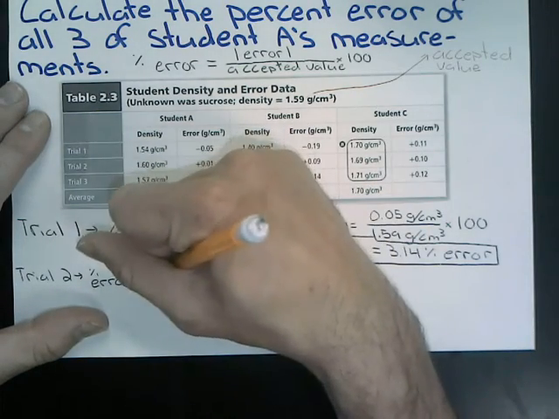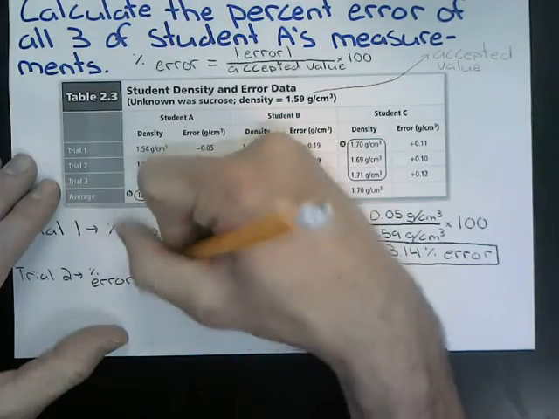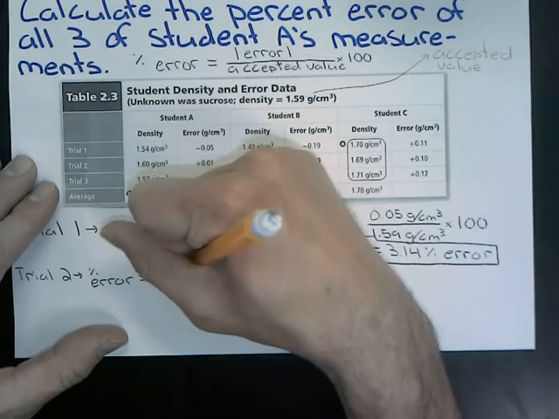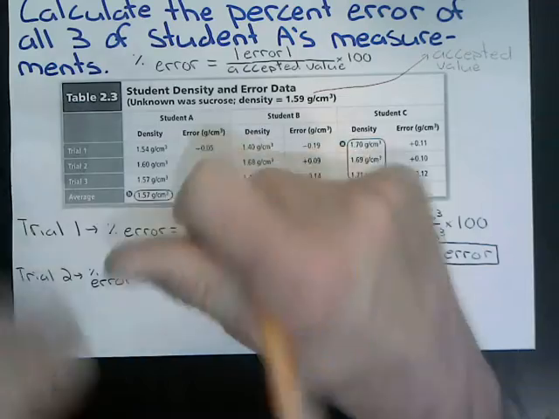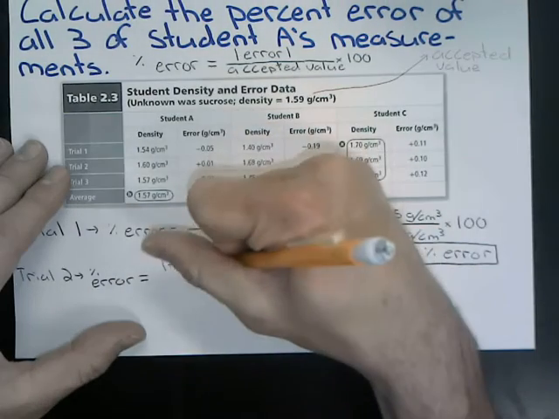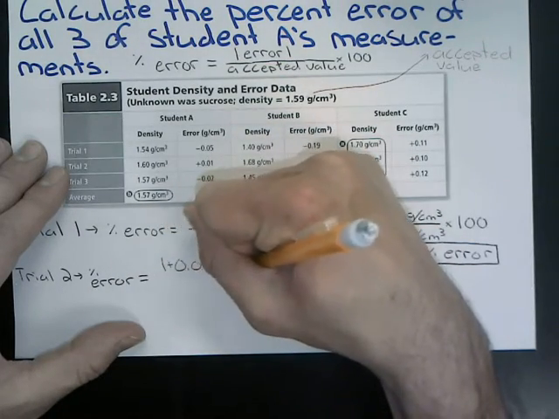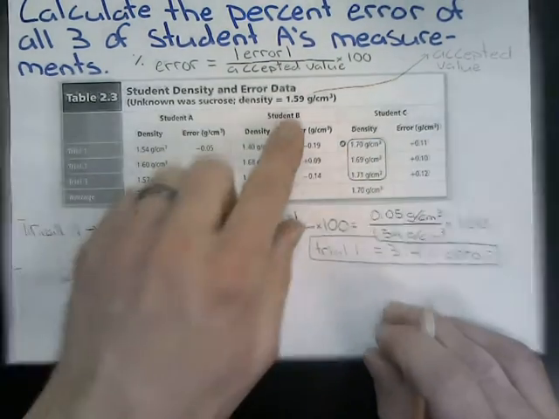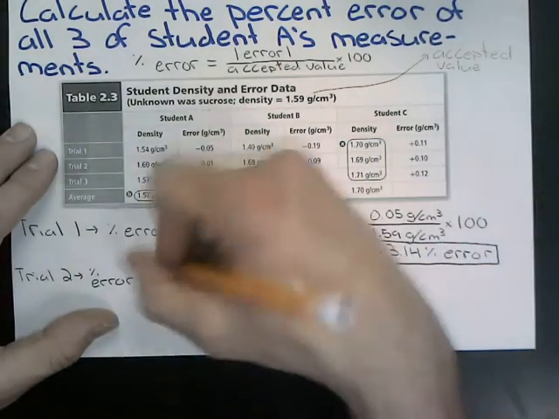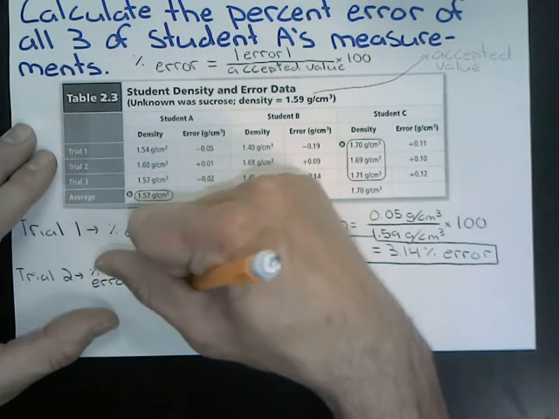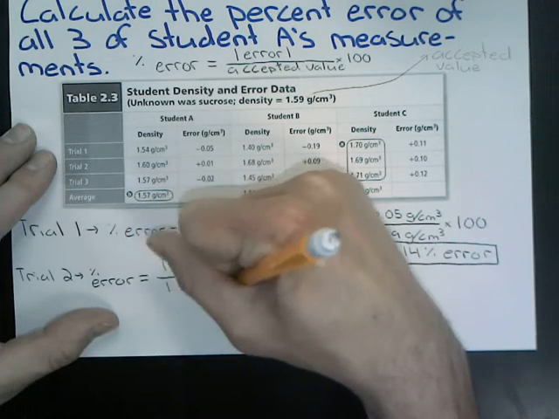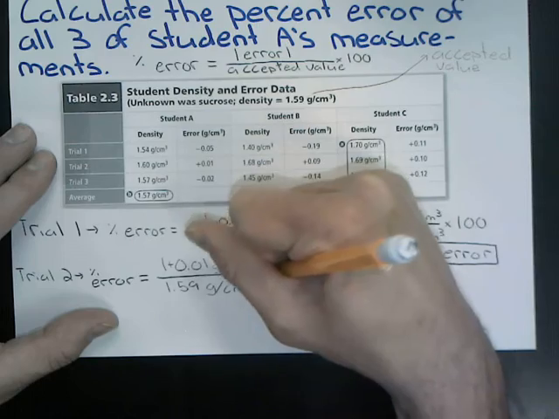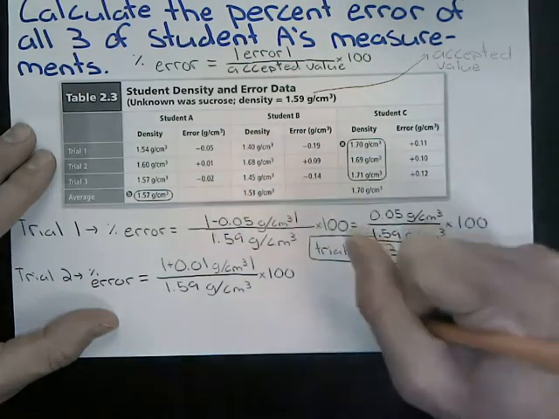So we take the absolute value of 0.01, so positive 0.01 grams per centimeter cubed, and we divide it by the accepted value, which is 1.59 grams per centimeter cubed. And then we multiply this by 100.